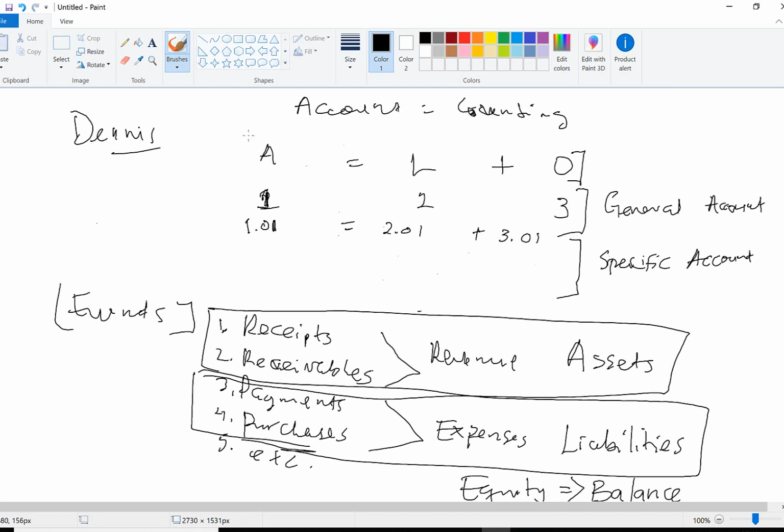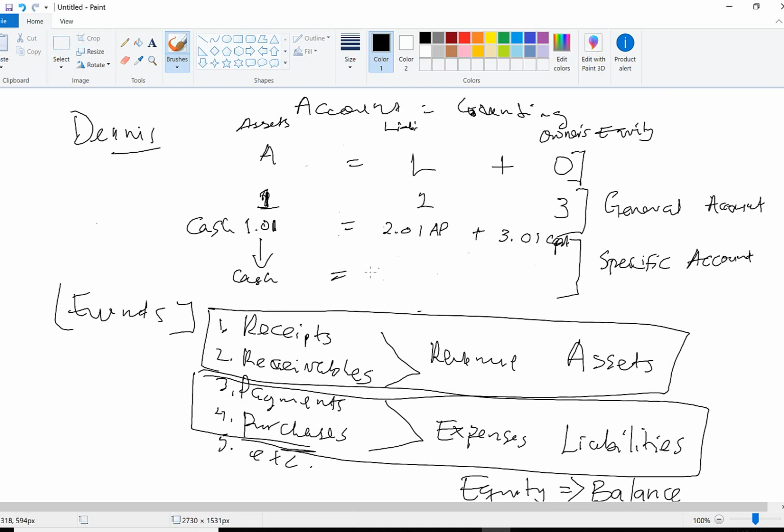Under the assets, we have cash, account payable, and capital. So 101 is cash.